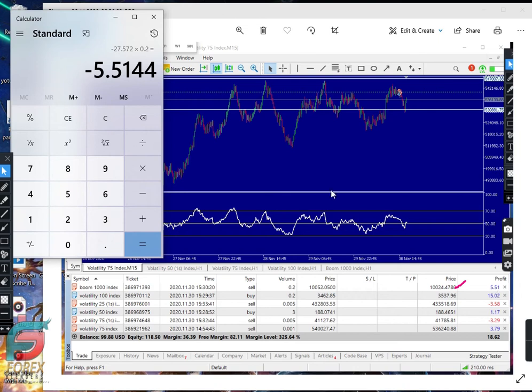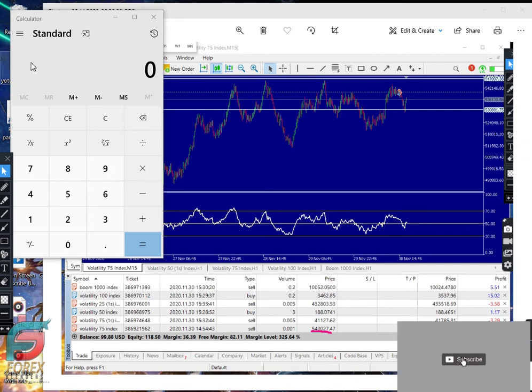Let's try Volatility 75. Okay, so this is the current price, this is the entry price. So we minus the values.